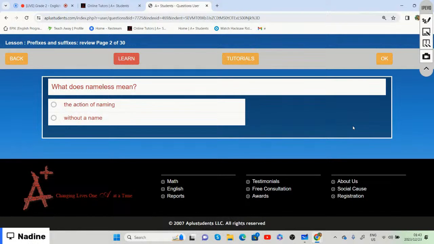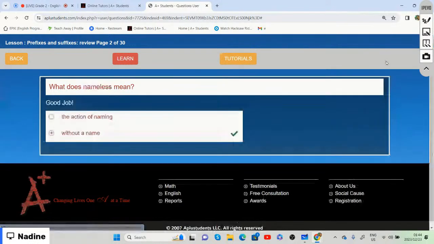So, less means without. Only this part means without. But now, what does the full word mean, which is nameless? Is it the action of naming or without a name? So nameless is without a name. So well done. Without a name is correct.